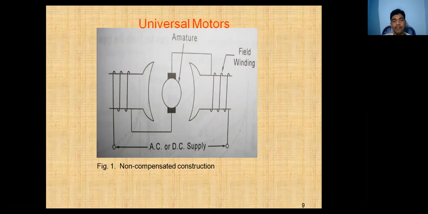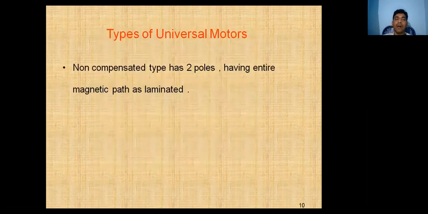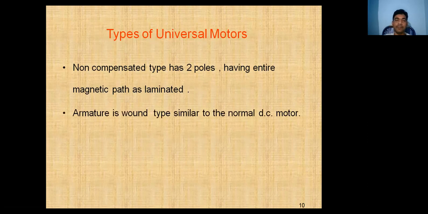The non-compensated type has two poles, with the entire magnetic path laminated. The armature is wound type, similar to that of a normal DC motor.